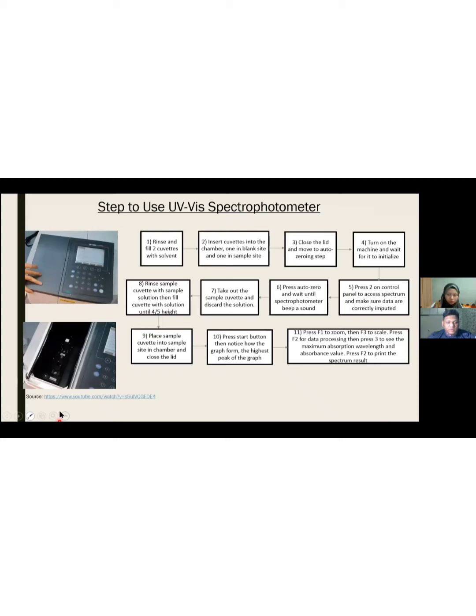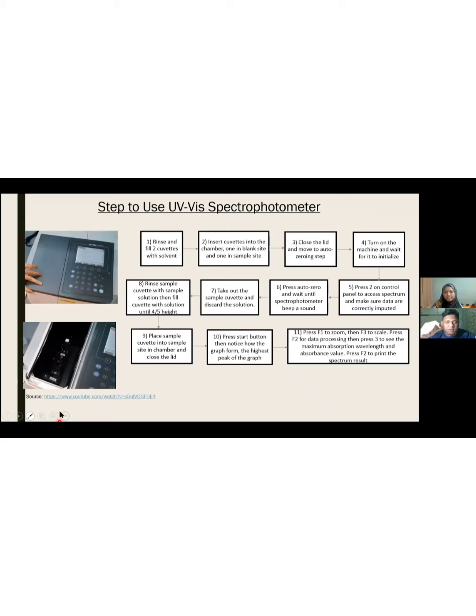For the first run, we need to do a blank solution scan. Both reference and sample contain just solvent. First we need to rinse and fill two cuvettes with solvent. After we rinse the cuvette, we need to wipe the transparent side. There are two sides of the cuvette, the opaque side and the transparent side.